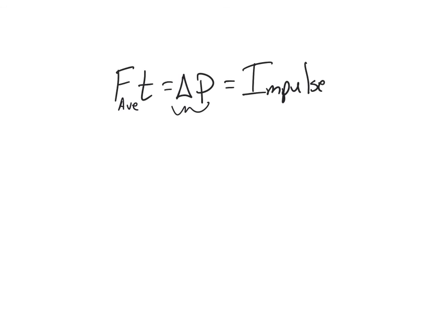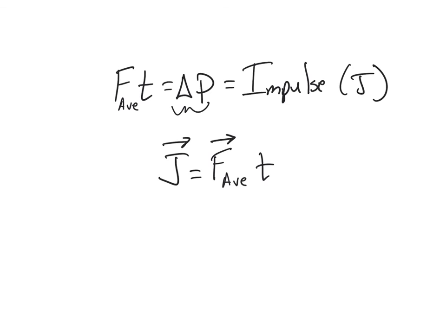An impulse is symbolized with a capital J. So we will see the equation J equals F average times t. And again, because we have a vector times a scalar, our product is a vector. So impulse is a vector quantity.